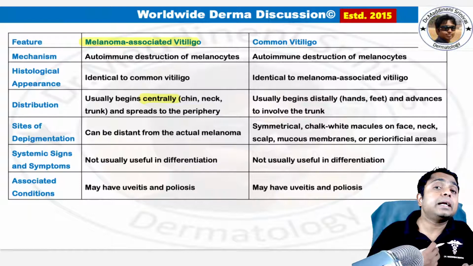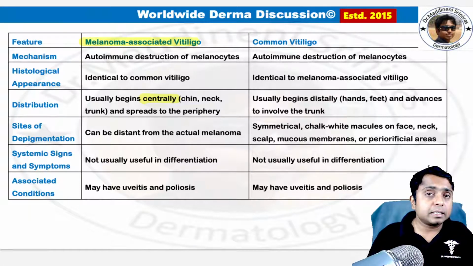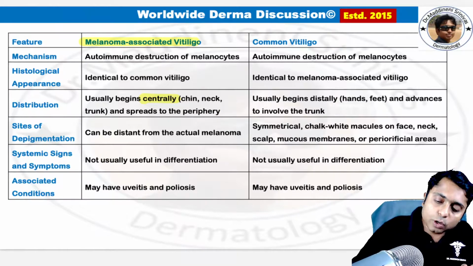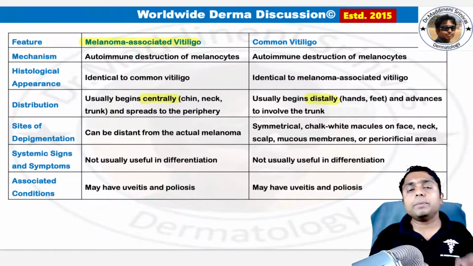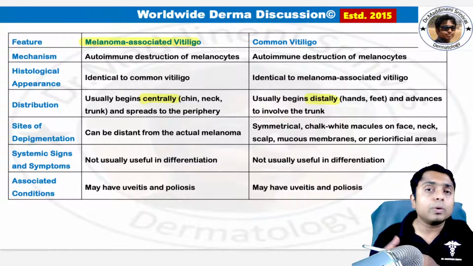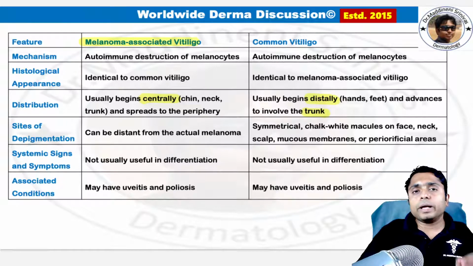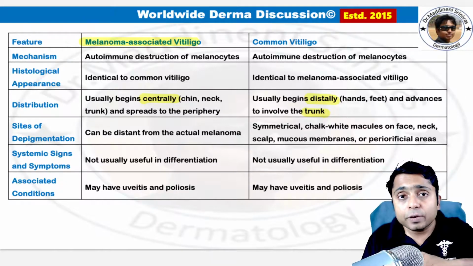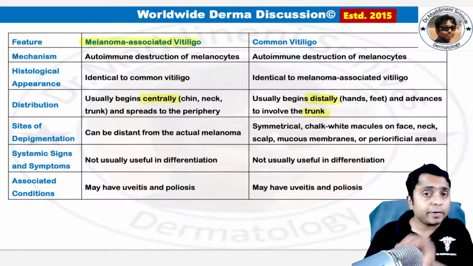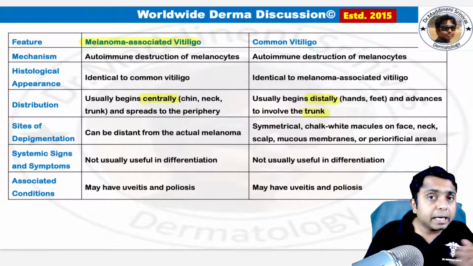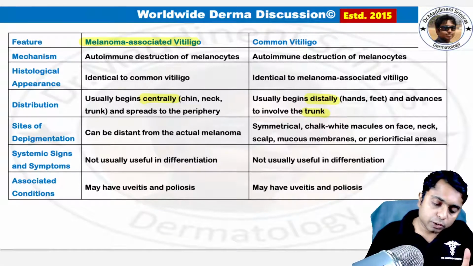So centripetal distribution of the vitiliginous lesions is going to be seen in melanoma associated vitiligo, whereas in common vitiligo, the usual lesions are going to begin over the distal extremities, and advance slowly towards the trunk. So we can say centrifugal distribution is present in vitiligo, whereas centripetal distribution is present in melanoma associated vitiligo.